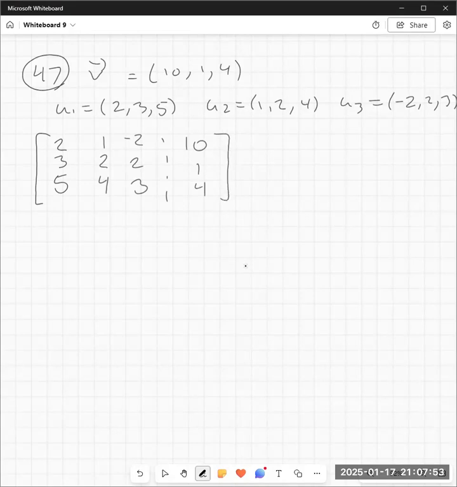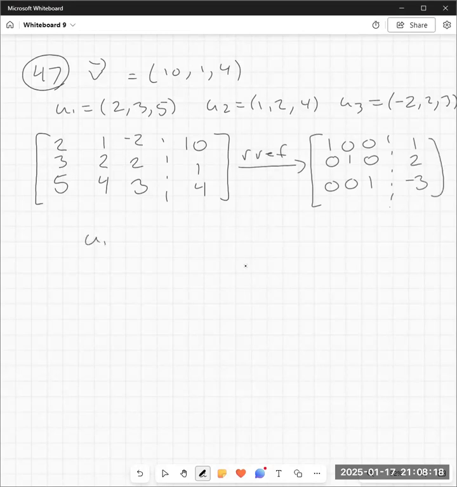We want vector v to be made up of these 3 components here, and we will RREF that, and we will get our solution to be 1, 2, and -3. So that's u1 plus 2u2 minus 3u3 is equal to v.